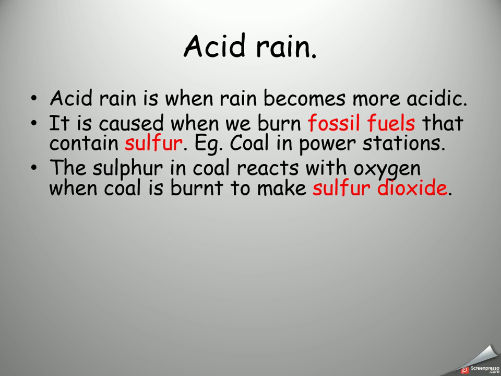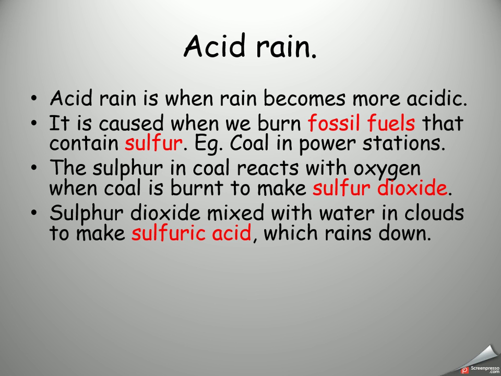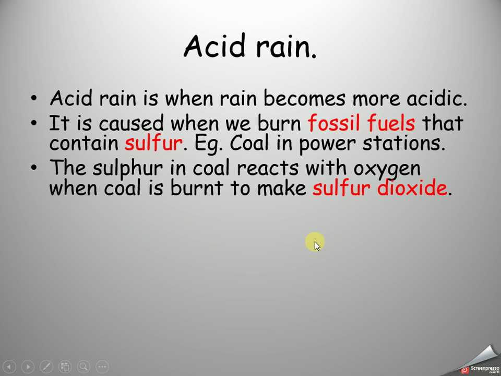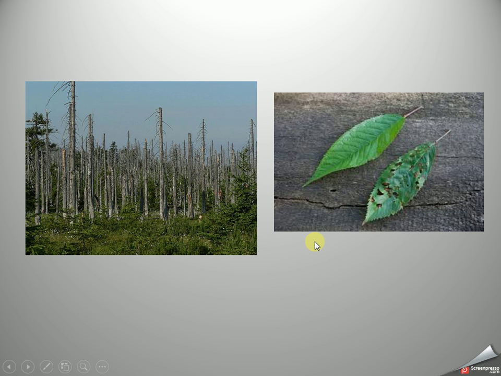The coal is going to contain carbon. You burn that, it's going to react with oxygen, make carbon dioxide. But the coal is also going to contain atoms of sulfur, and when that reacts with oxygen, it's going to make sulfur dioxide. Why is sulfur dioxide bad? Well, because the sulfur dioxide in the rain clouds will react with water and make sulfuric acid, which will rain down on the earth, causing these three massive problems.